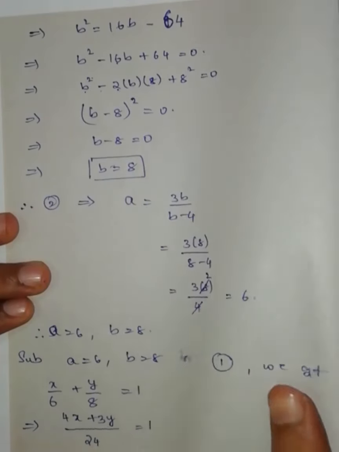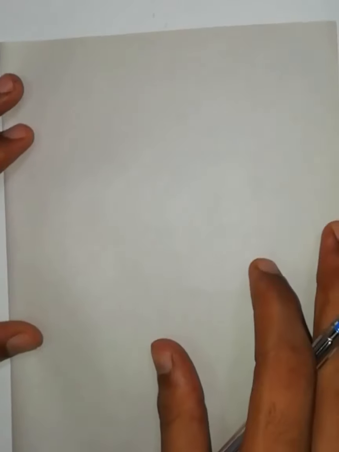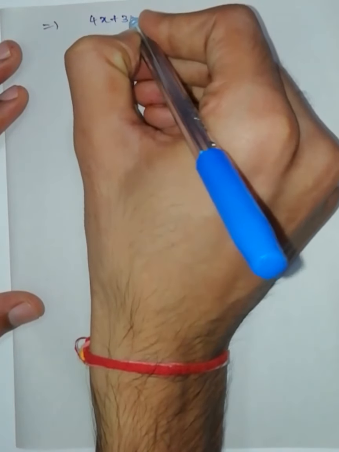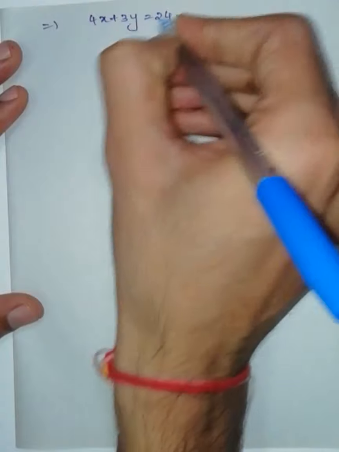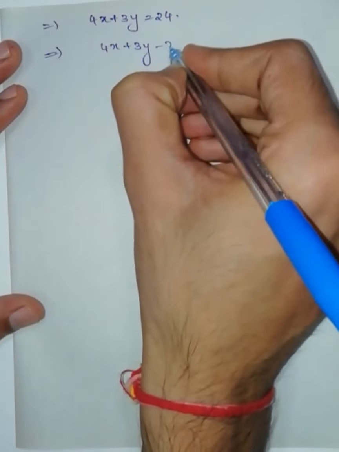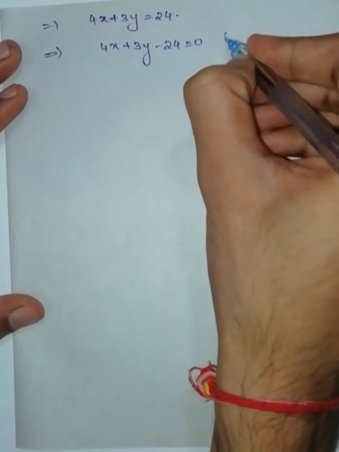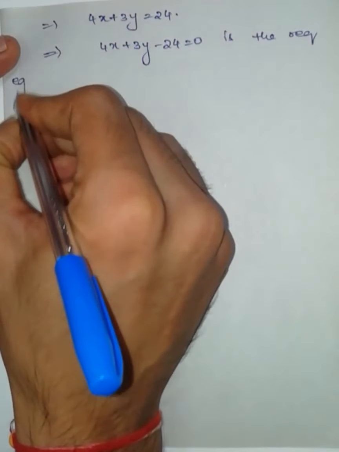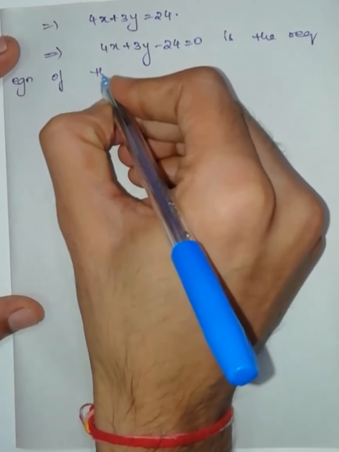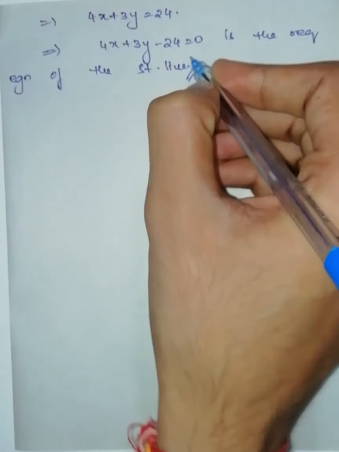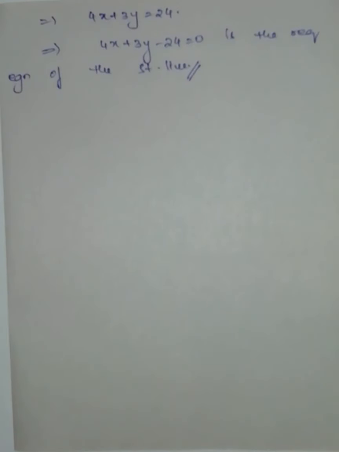Now cross multiply, we will get 4x plus 3y is equal to 24. This implies 4x plus 3y minus 24 is equal to 0 is the required equation of the straight line. This is the answer we have to get.